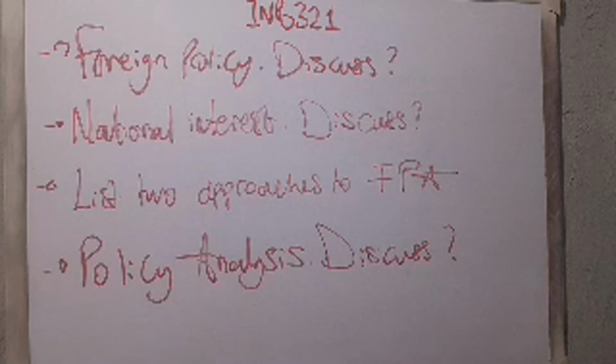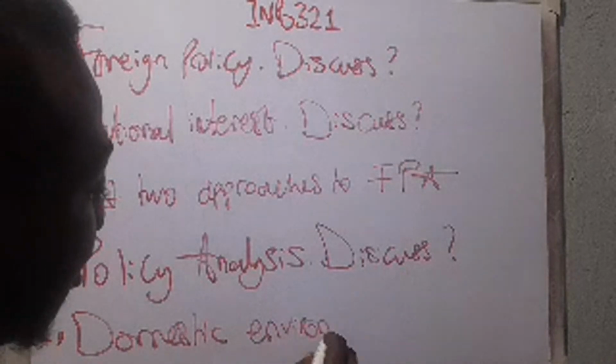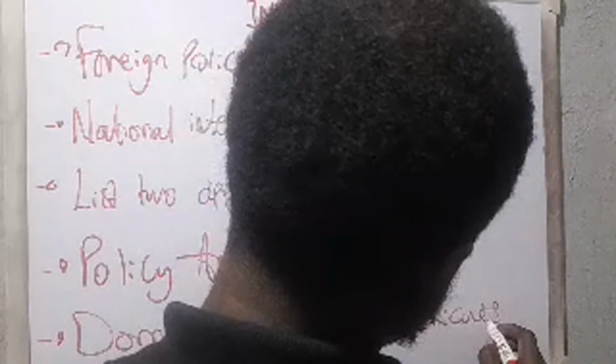Now, under foreign policy environment, that's what we call domestic environment. When you have domestic environment as a subtopic under foreign policy environment, what are we talking about? Discuss what you understand by domestic environment in foreign policy analysis.